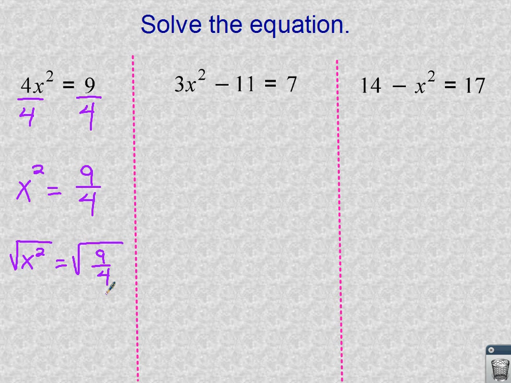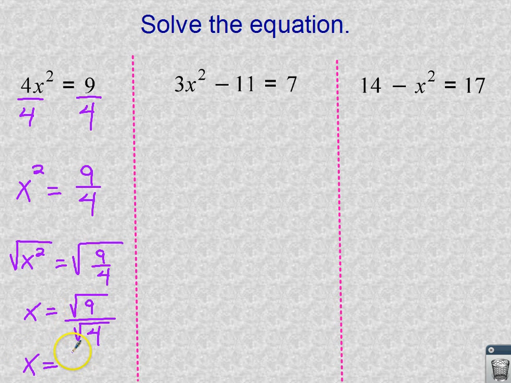You could break it down into two separate roots, or we could do it all at one time. What I mean by two separate roots is we have a numerator and a denominator. So we can break this into x being equal to the square root of 9 over the square root of 4, which happens to be what?